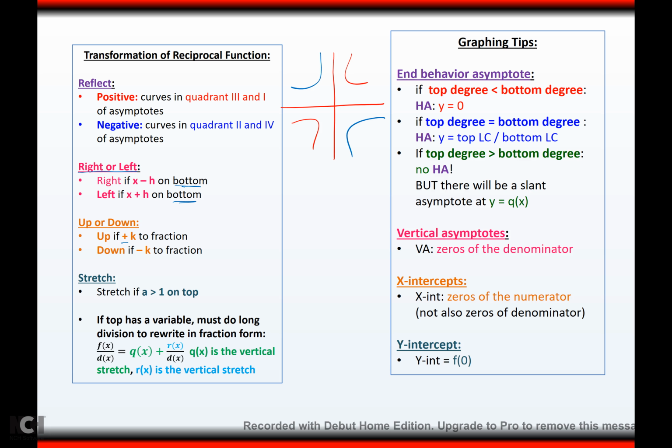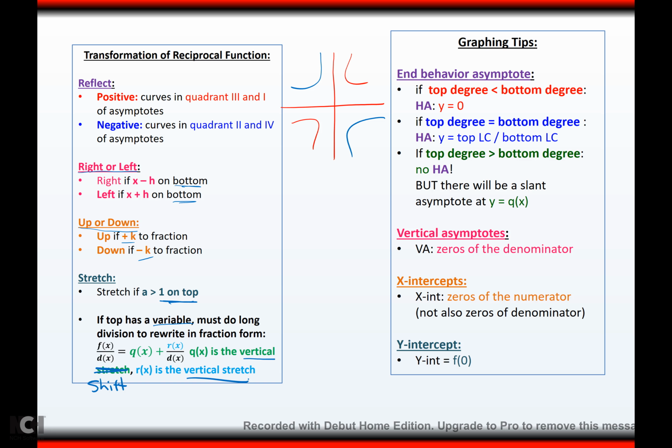If you're adding or subtracting something on the outside of the fraction, that's going to shift it up or down. And then your stretching is whatever's on top. Now, if the top has a variable, to figure out your stretch, you're going to have to do long division. And basically, your quotient is going to be the vertical shift, sorry. And the remainder is going to be your vertical stretch.